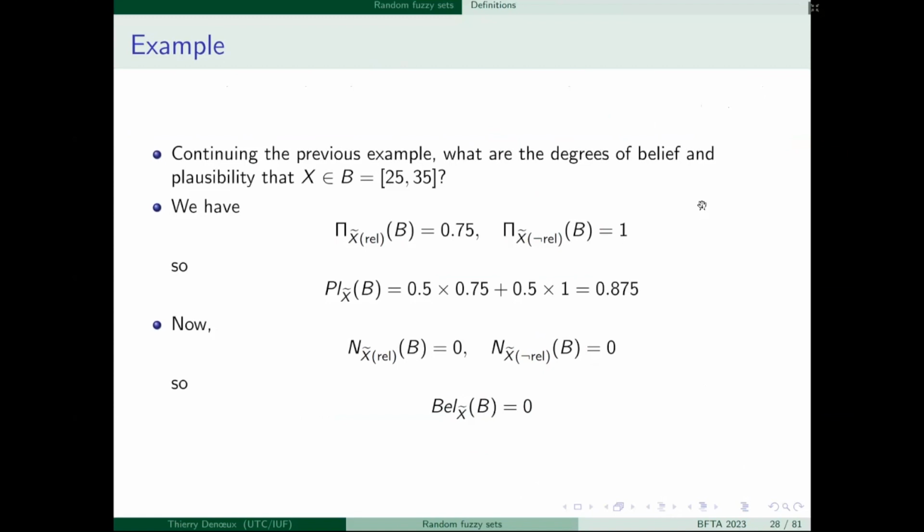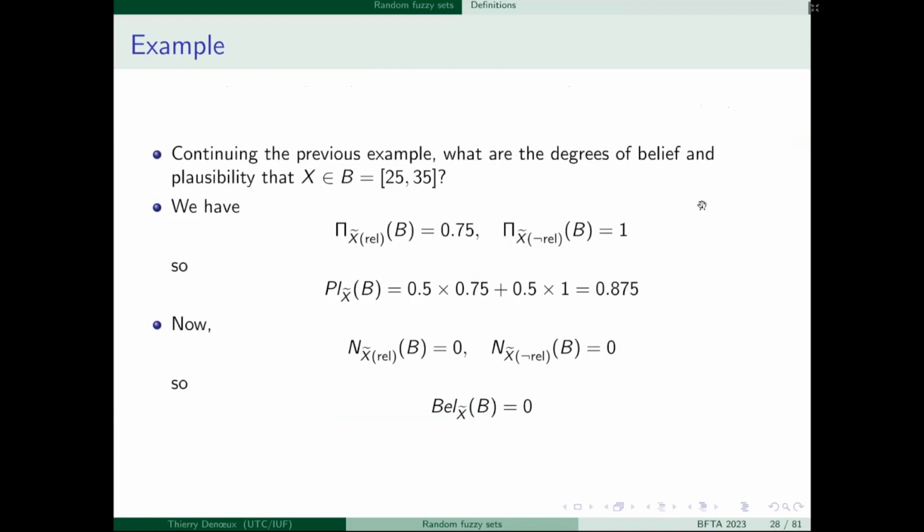So we can just compute the expectation. We multiply 0.75 by 0.5, plus this value multiplied by 0.5. We get that degree of plausibility. And we can compute the belief by averaging this degree of necessity.